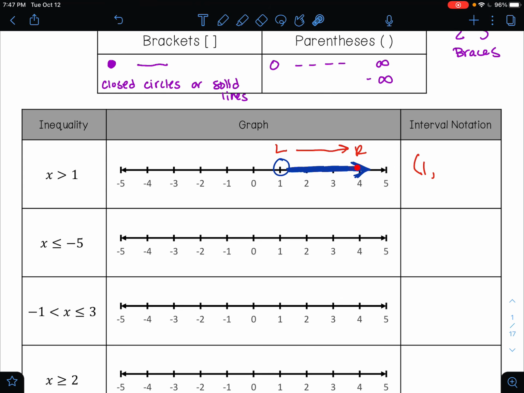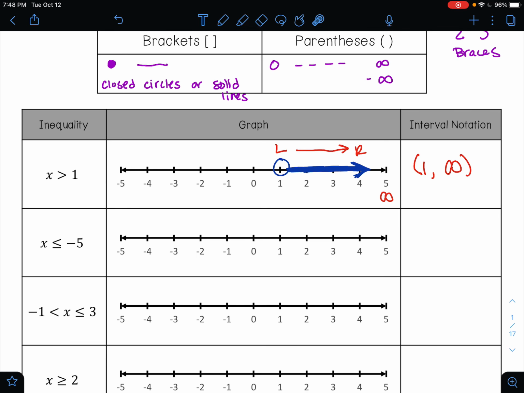It's going to keep going to the right off my screen and keep going forever and ever. So that is going to positive infinity. I know it's going to positive infinity because here my numbers are going up and they're going to keep going up until they get to positive infinity. So positive infinity is where it ends. Infinity always gets a parenthesis.